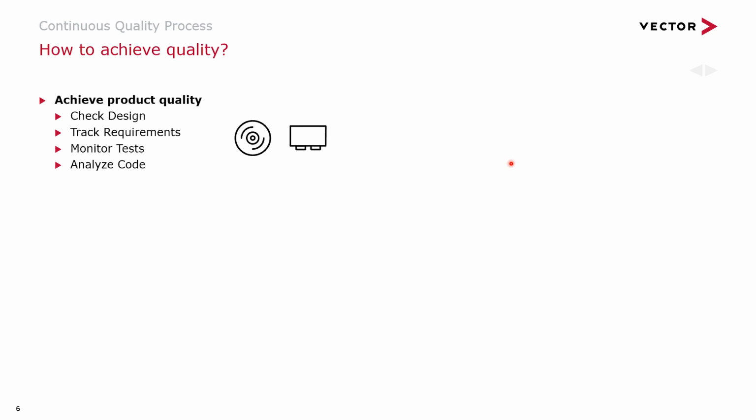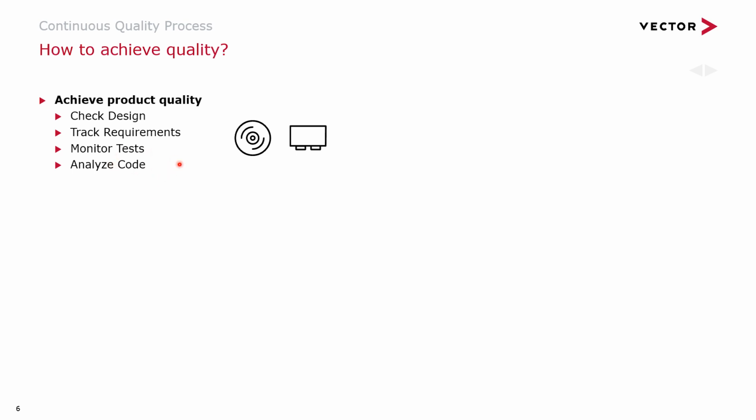So how to achieve quality? Let's talk about these levels once again, product, project, and the process. At the product level, the quality means checking your design elements, tracking your requirements, are they properly defined, refined, checking the tests, and also analyzing the source code.